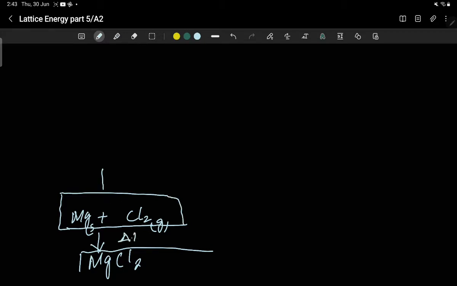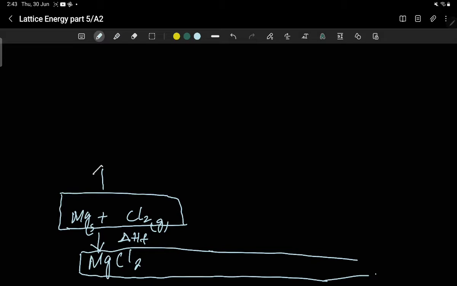This is delta H formation of magnesium chloride. Delta H atomization of magnesium. This is positive, an endothermic reaction. Delta H atomization is always endothermic.